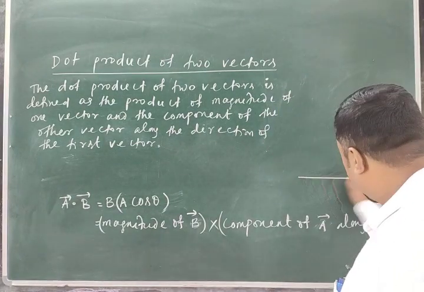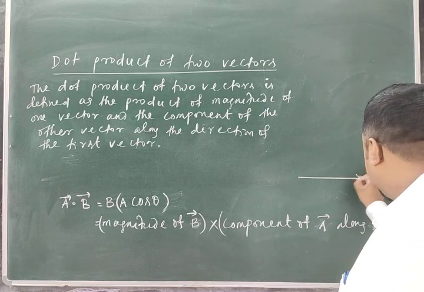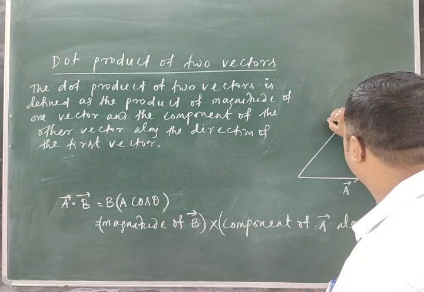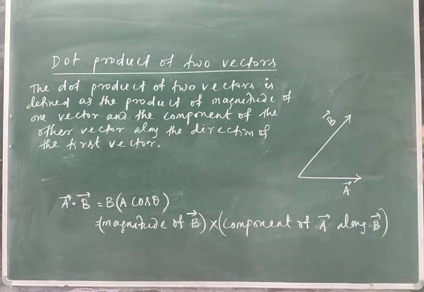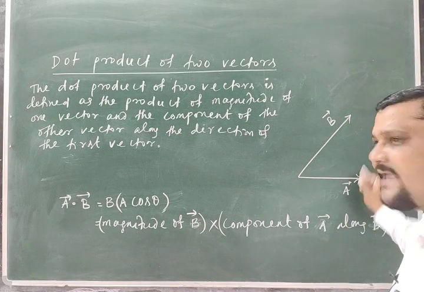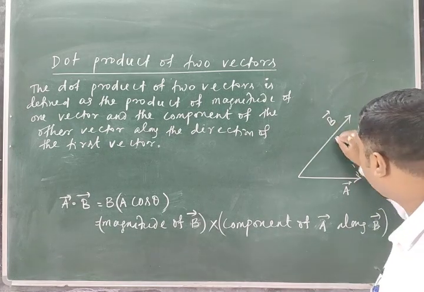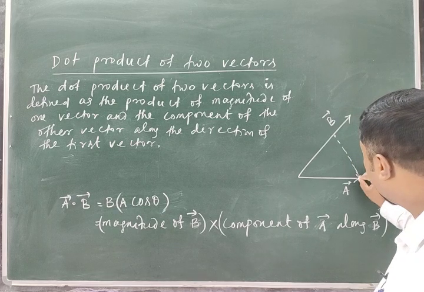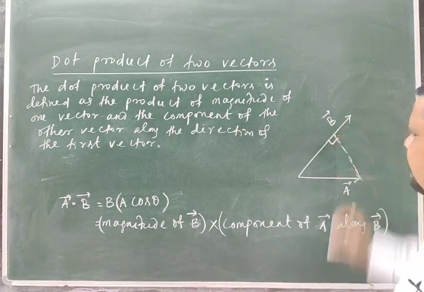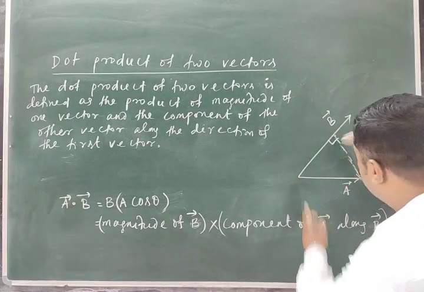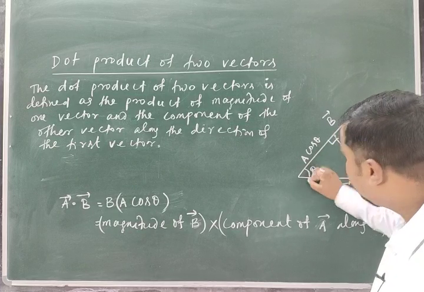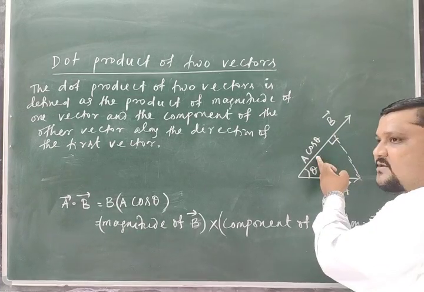Suppose I have the vector A and this is the vector B. If I draw the component of A along B, I draw a perpendicular from here to this one. So this part is A cos theta, because this angle is theta.